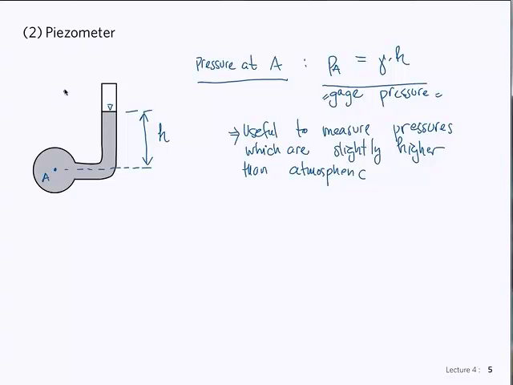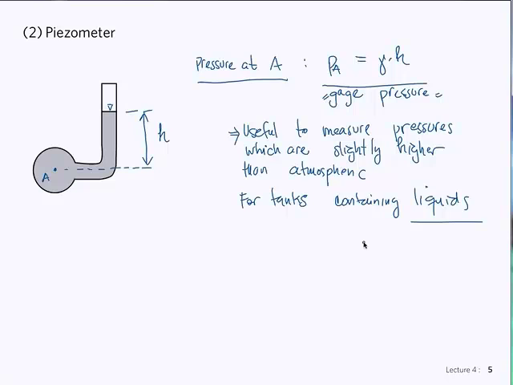If the gray material that I've drawn in the tank here was a gas, this is not going to work, right? The gas will just escape through the open tube. So this is for tanks containing liquids. Okay, this is the piezometer.